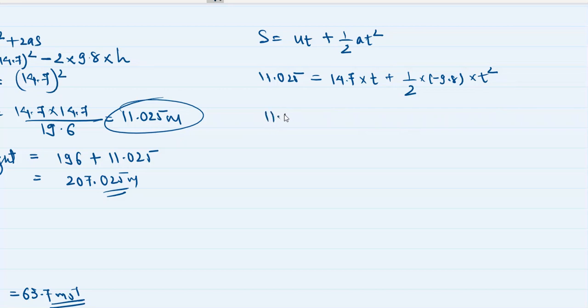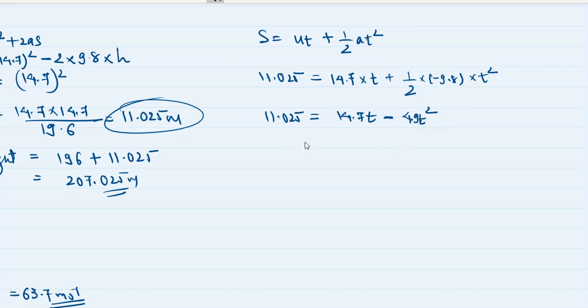So 11.025 is equal to 14.7 times t minus half multiplied by 9.8, which is 4.9 t square.